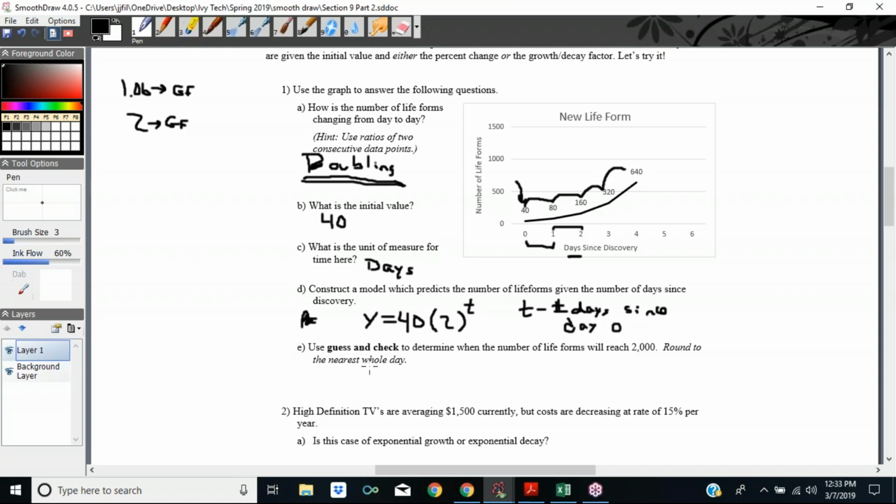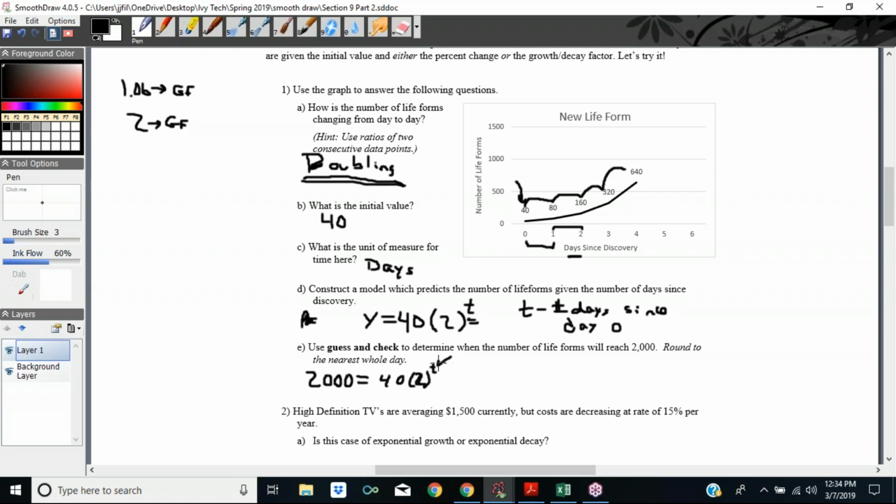since day 0. So letter E says, use guess and check to determine when the number of life forms will reach 2000. So this question is a little bit different. This wants us to find the time, not put the time in. So this really looks like this. 2000 equals 40 times 2 to what power?